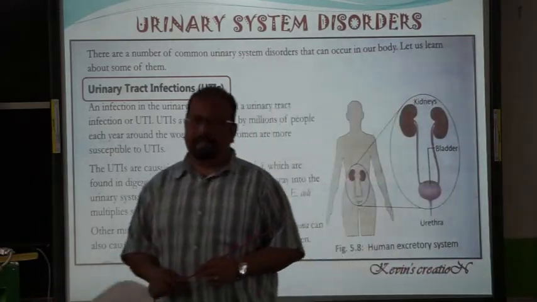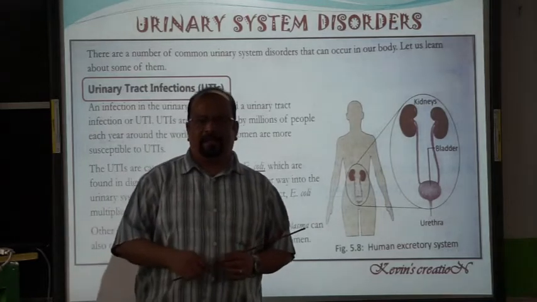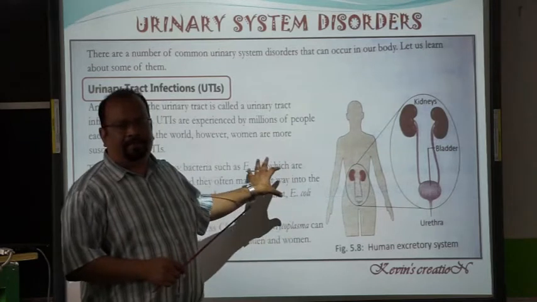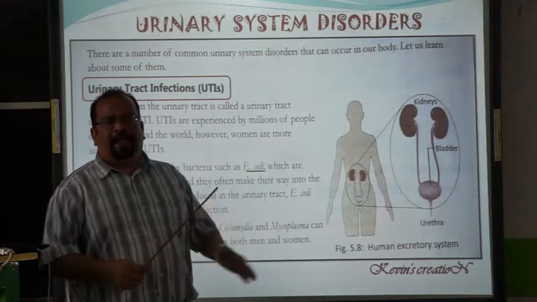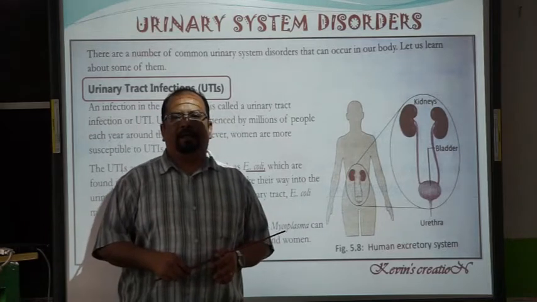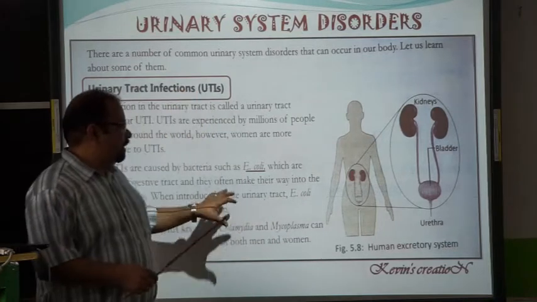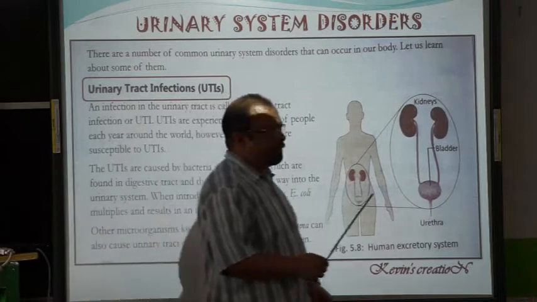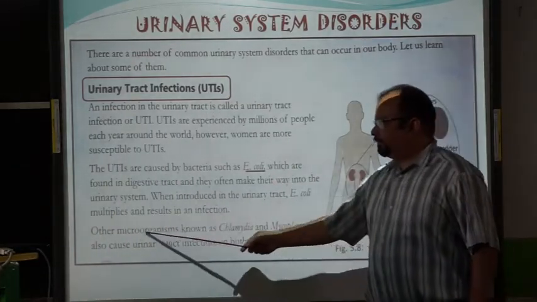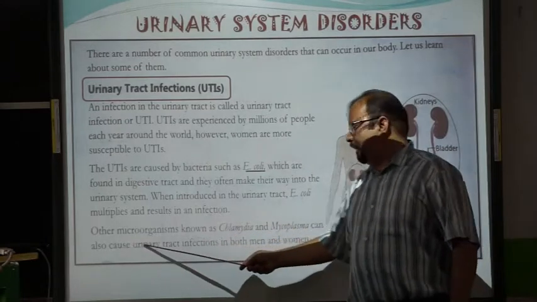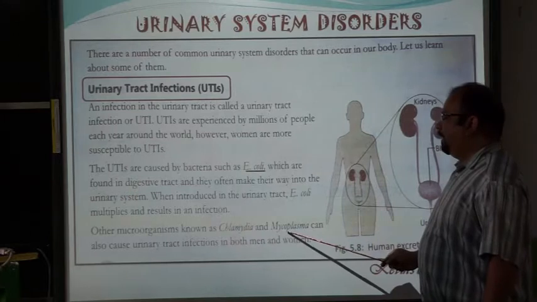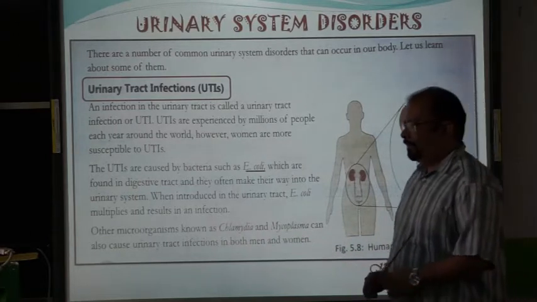So once they are there in the urinary tract, the tubes connected in the urinary system, the ureter and all, they multiply, they grow in number, they reproduce, and then infection occurs in your body. Not only E. coli, but some other microorganisms are also there, such as chlamydia and mycoplasma.